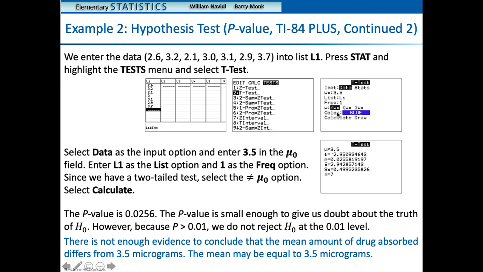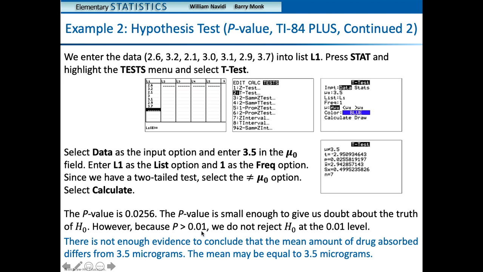We want a two-tailed test, so we select the option for two-tailed, do calculate, and here's your results down here, right? Gives you your t-value, your p-value, your sample mean, sample standard deviation. Of course, the number that's the most useful here is the p-value, 0.02558, right?